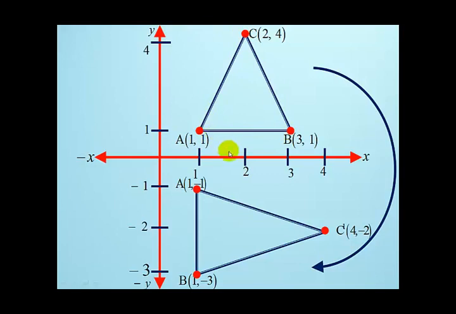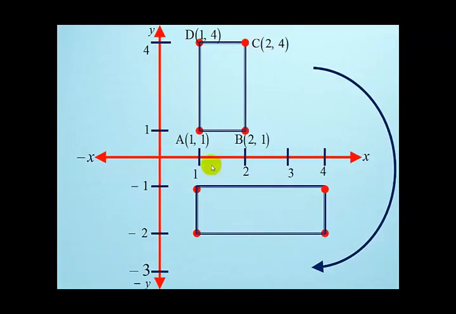Now we rotate this triangle through 90 degrees clockwise, and according to the rule, these are the coordinates we have: A'(1, -1), B'(1, -3), and C'(4, -2). So after rotating triangle ABC clockwise by 90 degrees, this is the position of the new triangle, and that is the quadrant in which it falls.